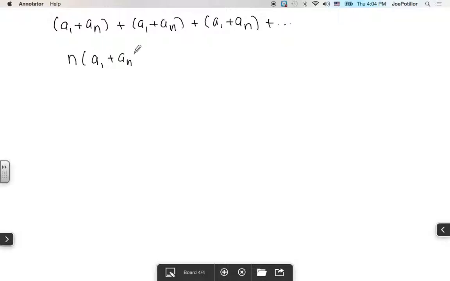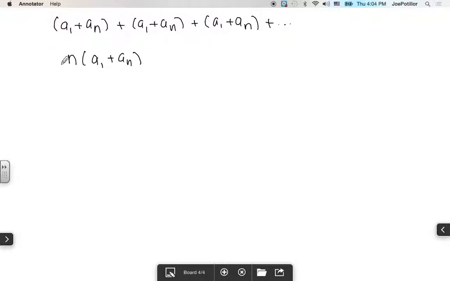So you end up with so on and so forth. And there's only n amount because we're limited to a finite sequence. Okay? So that's how we end up with n times A sub 1 plus A sub n.